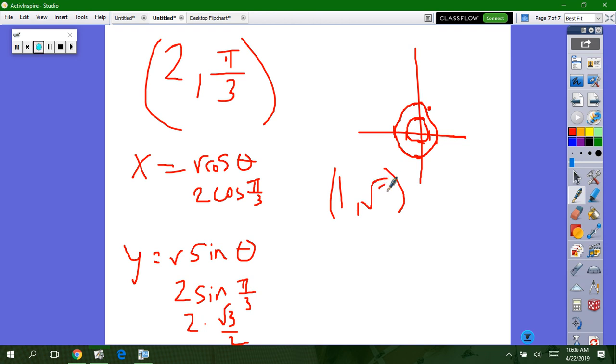Root 3, which is in between 1 and 2, huh? There's 1, there's 2. Is it in between there? Sure. Does that point represent the point 2 comma pi thirds in polar, and then 1 comma root 3 would be a good coordinate for rectangular? So notice once again, what formula did I use? I used these two formulas to get me there. Okay? Everybody good with me on that?